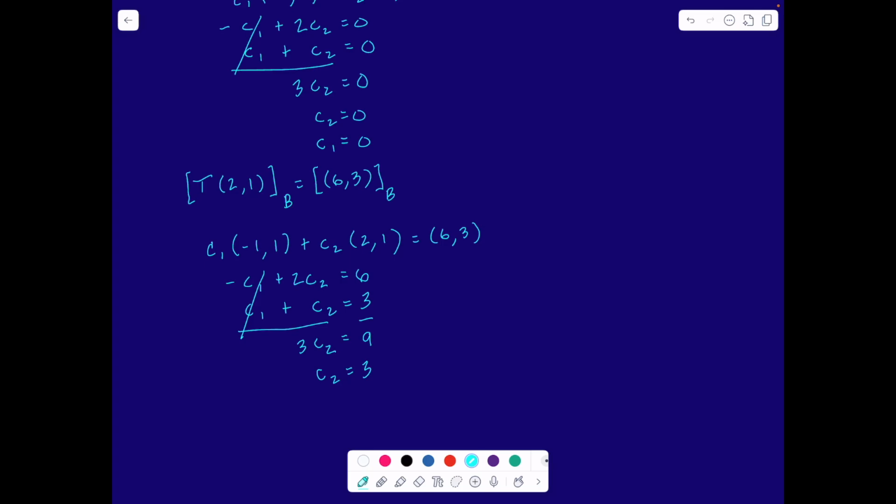And if C2 is 3, plugging it back in, then C1 would have to be 0.